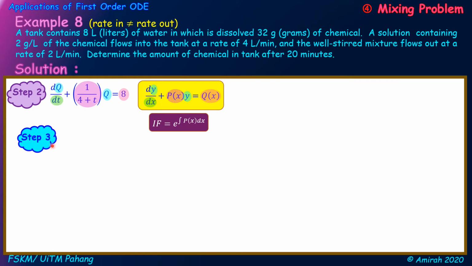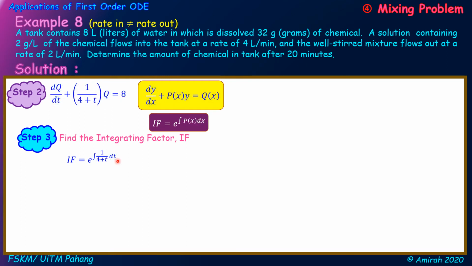Then we continue with step 3, where we need to find the integrating factor IF. So IF equals e to the power of the integration of P of t. P of t here means 1 over 4 plus t, from here, and dx equals to dt.